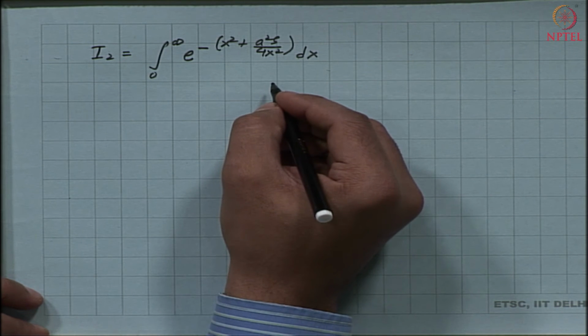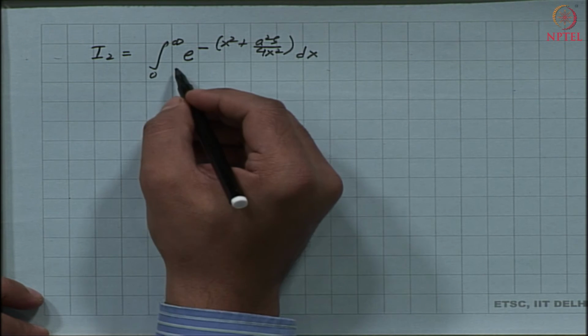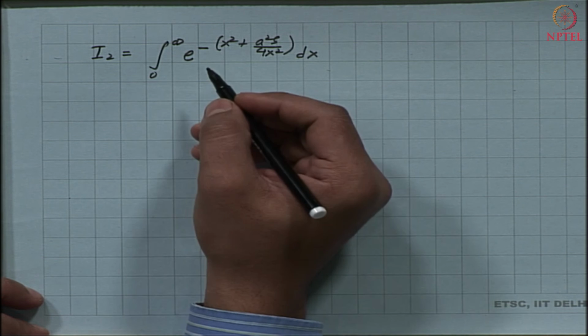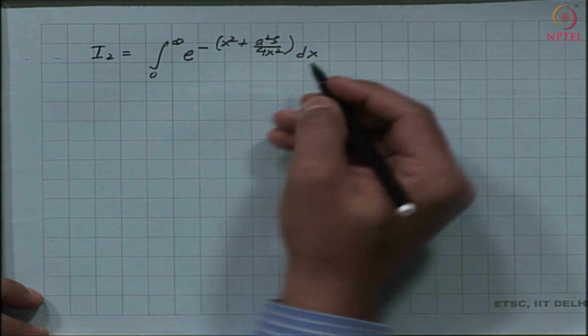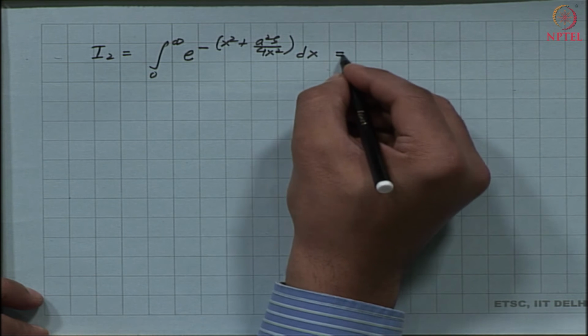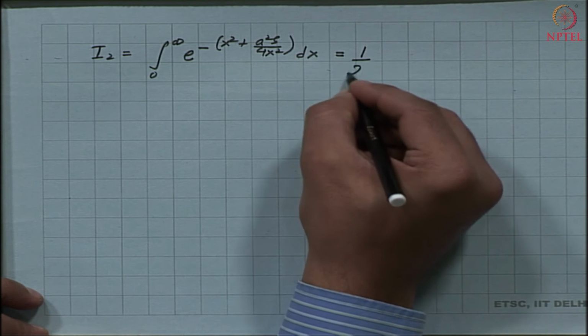Now, notice, I am going to use some simplifications for this I 2. It can be found that this I 2 is equal to the following integral given by this expression.